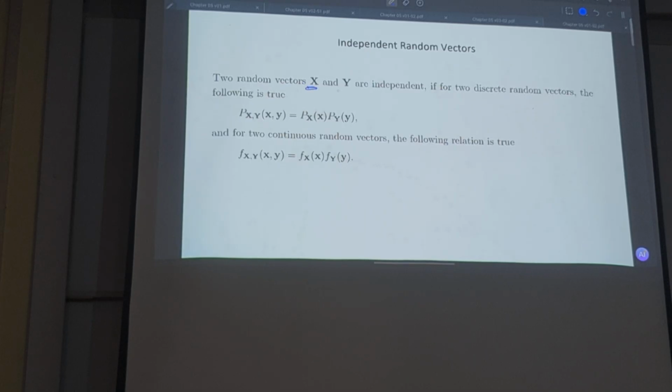If x and y are two random vectors and they are independent, then we just have seen it. If it is for two random variables, it will be applicable for n random variables. So if x and y are independent, then the joint PMF of x and y will be the product of the individual PMF of x and y. And for continuous, it's clear.